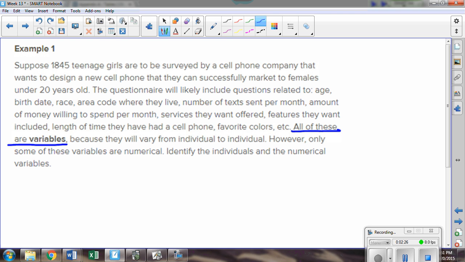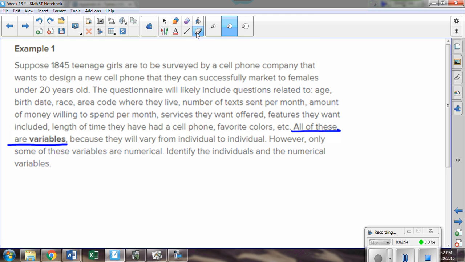The area code you live in will change from person to person. Your favorite color changes from person to person. How many texts you send, how long you've owned your phone, all of those things will change from person to person, which makes them variables. But only some of them are numerical. So identify the individuals and the numerical variables.